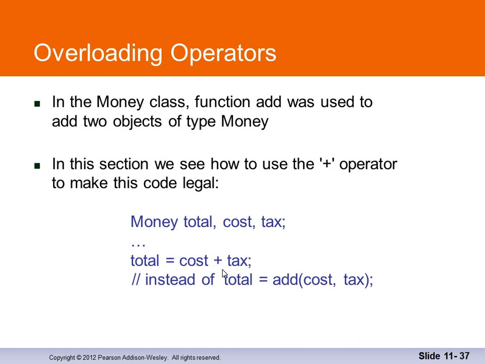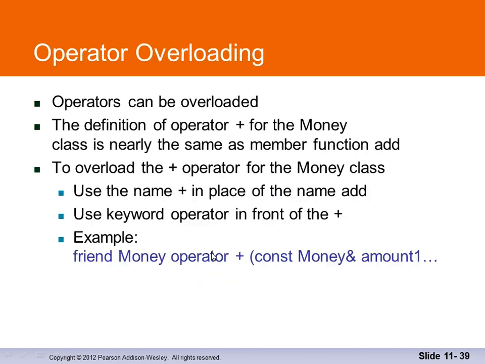The operator plus over here takes two arguments and both of them are of type money, right? So we'll see the answer in a minute. But the sentence that we've read a minute ago says that at least one of those two has to be of type money. Okay? So we'll see the details in a minute.